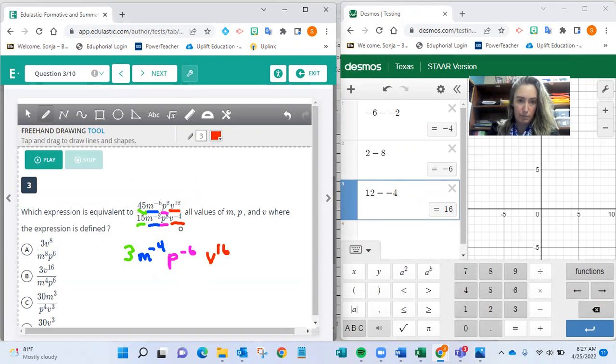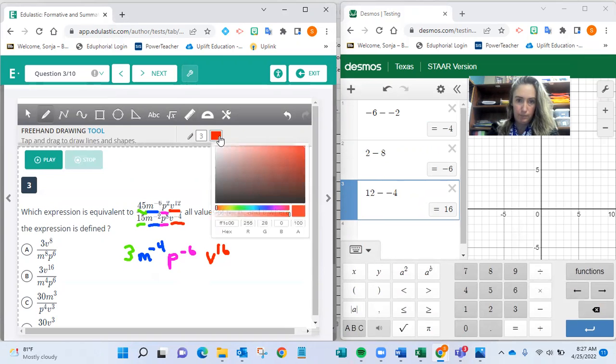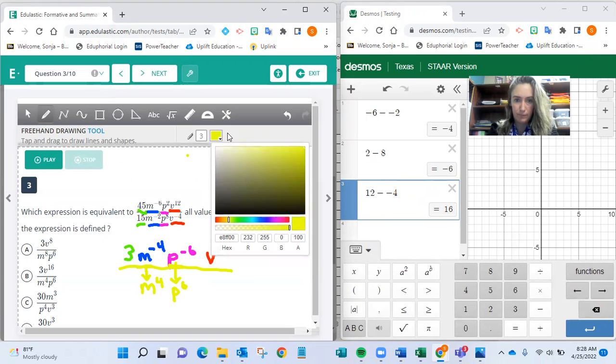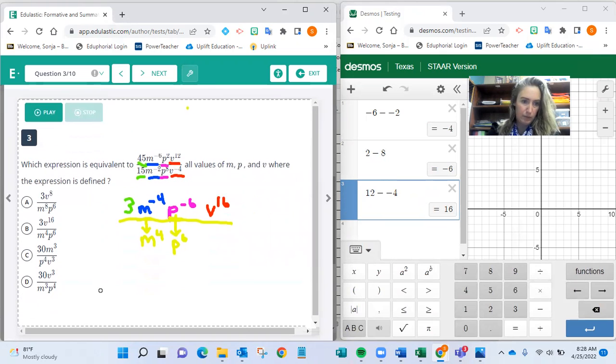And these two go down below. The M and the P need to go below and become positive. Whereas the positives are going to stay above. So we would be looking at 3V16, where the M and P go down in the denominator.